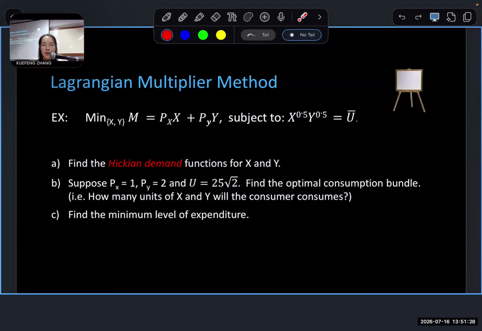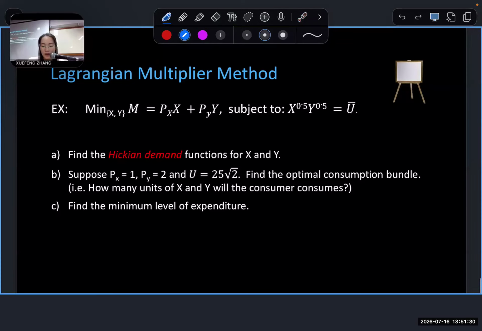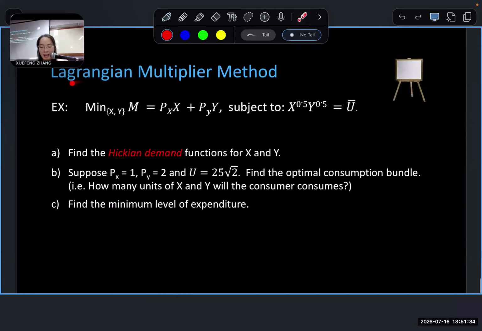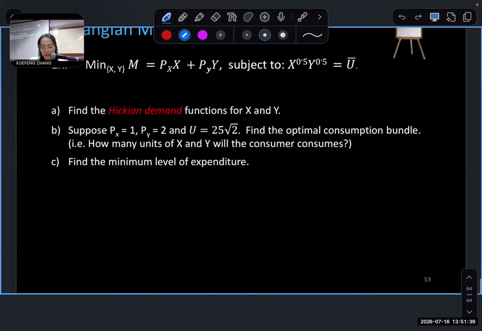Let me guide you a little bit. The first step, you need to write down the Lagrangian. Again, please use the Lagrangian multiplier method. So here, what is our objective? Minimize expenditure.